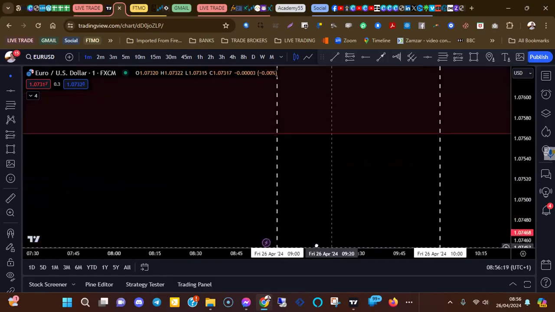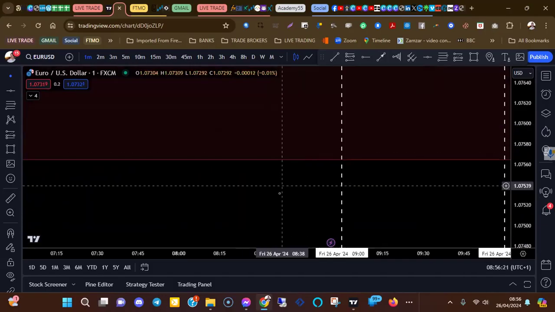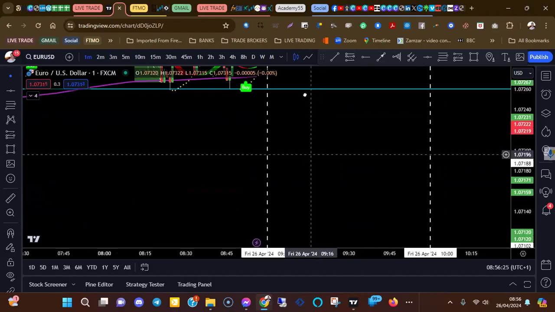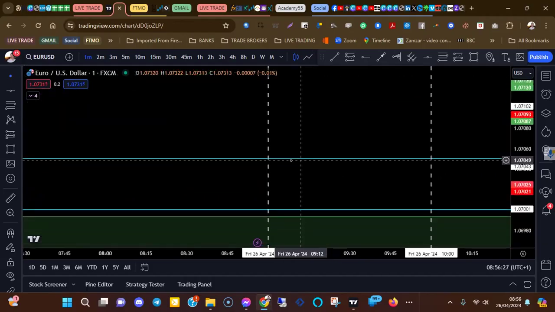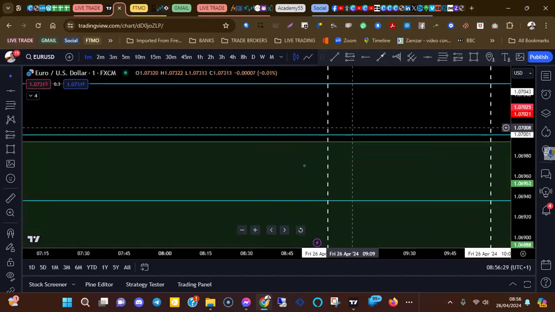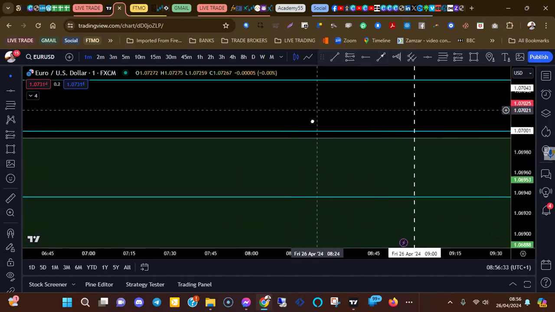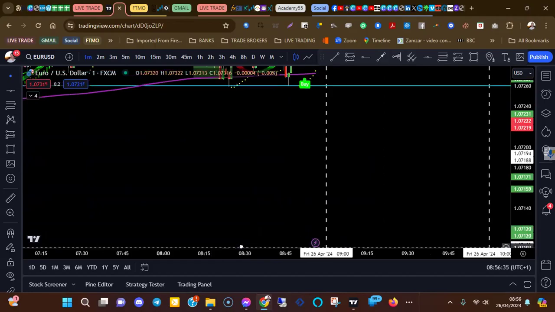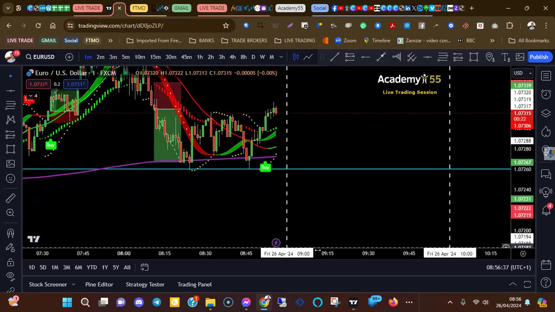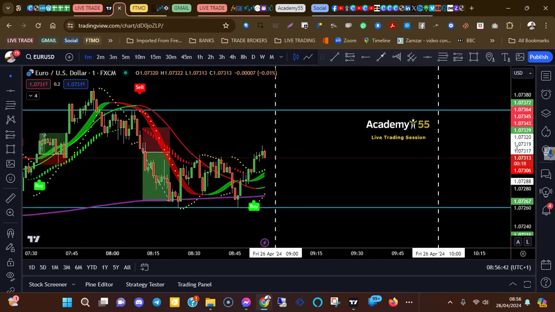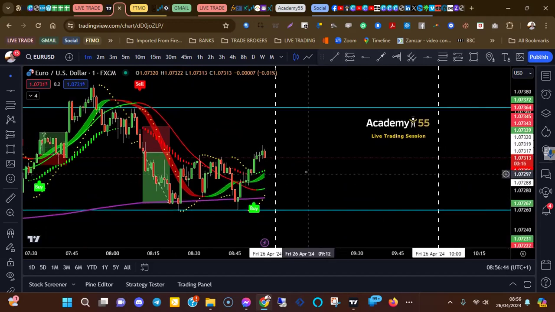Up here we have lots of imbalance that needs to be filled at some stage. And again, more support and resistance lines and imbalance that needs to be filled down here at some stage on the 4-hourly. So there's good reasons for price to go up and go down, depending on news events.